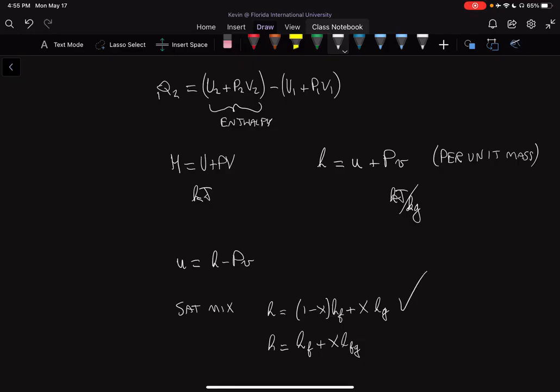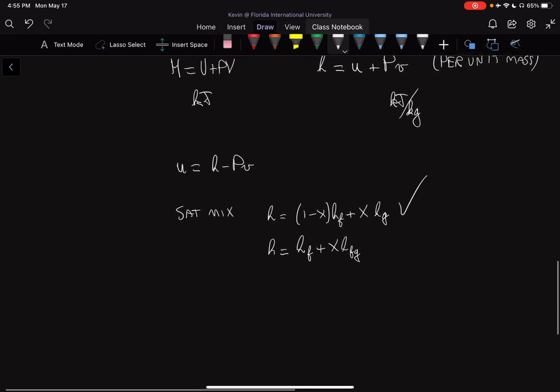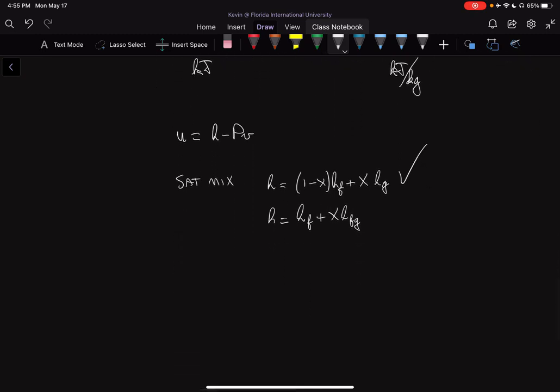Okay, so we know how to use tables, and we've done some examples on how to use tables for internal energy, how to use tables for enthalpy in your study problems from Module 2. Now, the next question I have for everyone is, how do we find internal energy and enthalpy if we don't have tables for solids, liquids, and gases? So I'm going to write down the question.